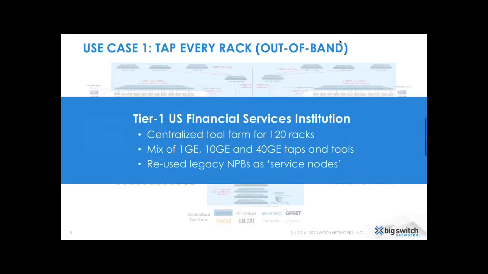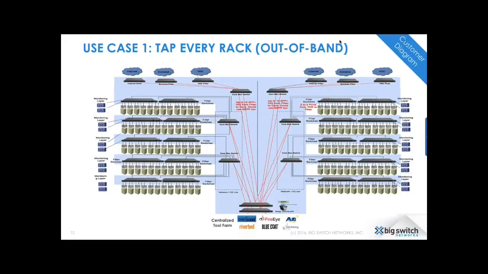The first one is an example of pervasive monitoring requirement, for a large, tier 1 US financial services institution. What they were looking for was an ability to on demand bring traffic from any part of their data center to a particular set of tools. And the way they did it was, if you look at the slide that I'm sharing on the screen here, there are 120 racks with dual top of rack setup.